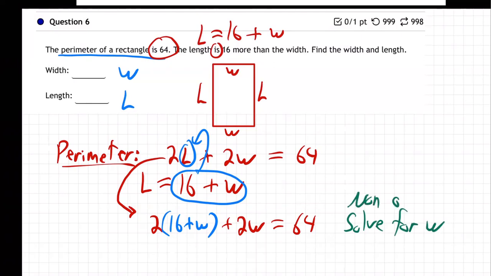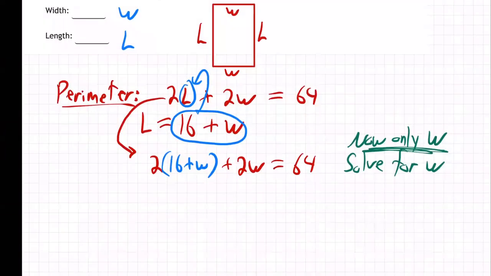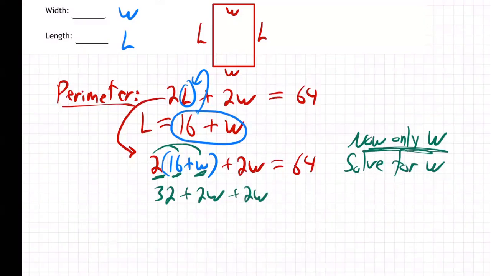Now we have only W, don't we? Now we have only W. You see how there's only one letter here now? So solve for W. Let's do it. So distribute through these parentheses, 2 times 16, 32, 2 times W, 2W, plus the other 2W is 64.